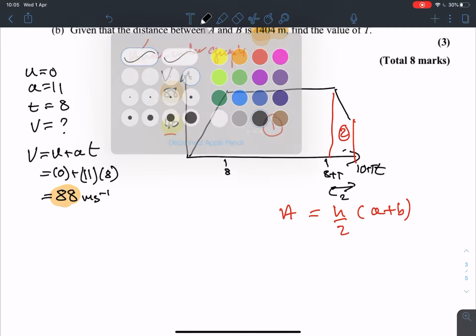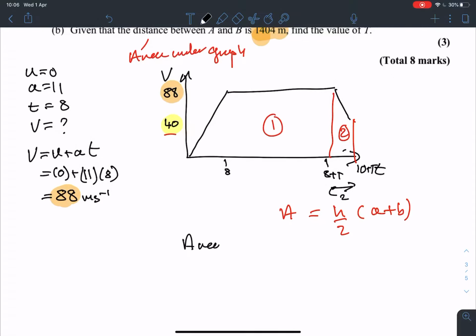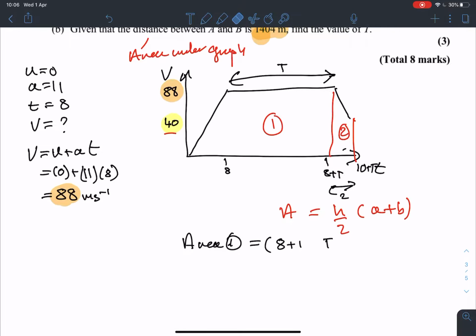So area 1 is equal to, well, the lengths of the parallel sides for area 1 are 8 plus t and t, so it's (8 plus t) plus t, which is 2t plus 8. The height, or the distance between the parallel sides, is 88 over 2.